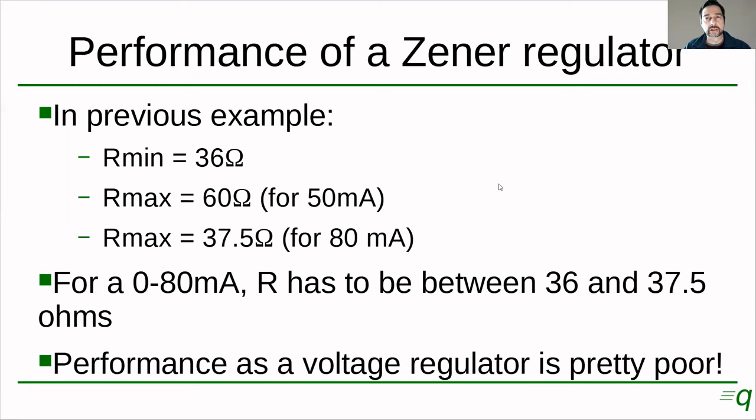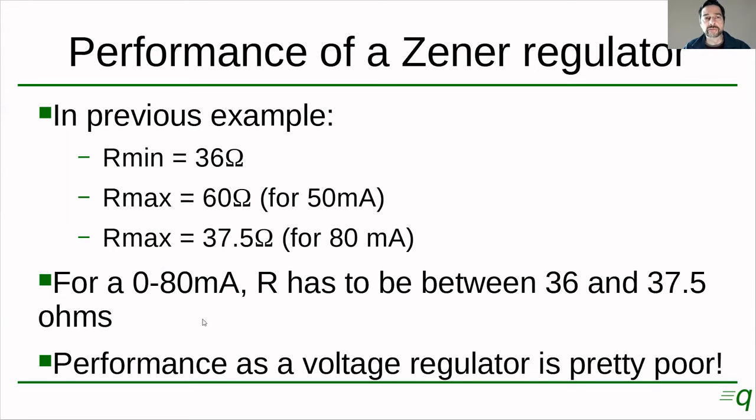So let's put all these values together. In the previous example, we calculated that the minimum value of the resistor is 36 ohms, and the maximum value is 60 ohms if we want a maximum current of 50 milliamps, or a maximum value of 37.5 ohms for 80 milliamps current to the load.